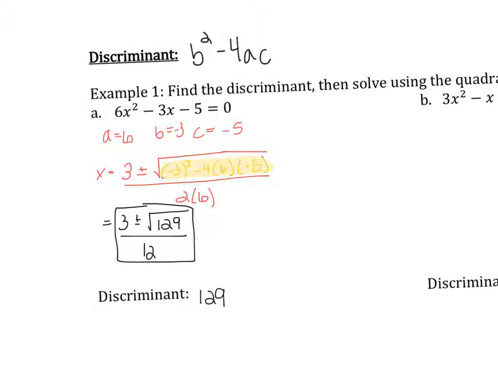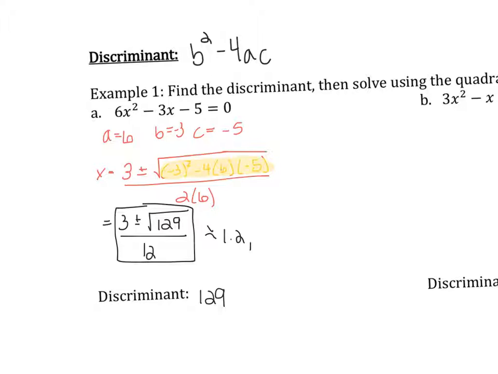Now, if we plug that into our calculator, we would get 2 decimals. We're going to leave it as a radical because we want exact answers. But if we wanted to know where this was crossing the x-axis, we would do 3 plus the square root of 129 and then divide that by 12, and we would get approximately 1.2.